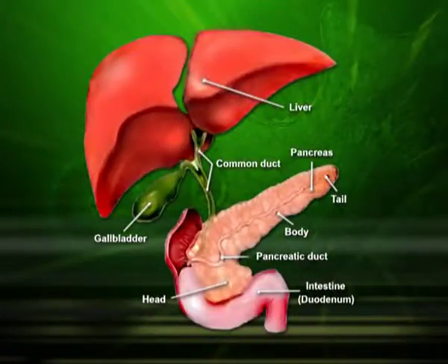This shows you the way the liver and pancreas are present in our abdominal cavity. You can see the huge liver lobes.